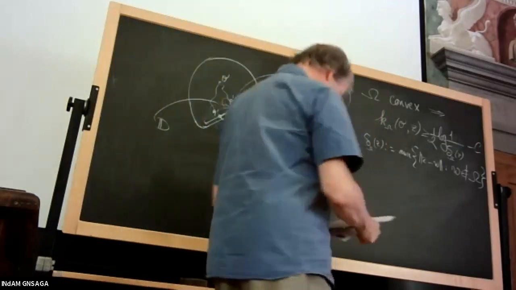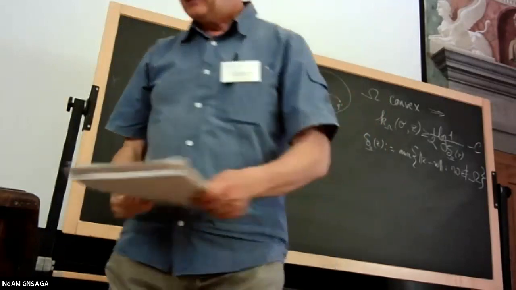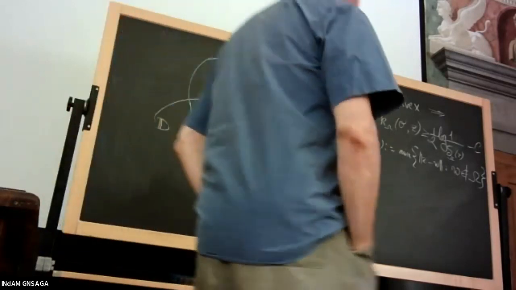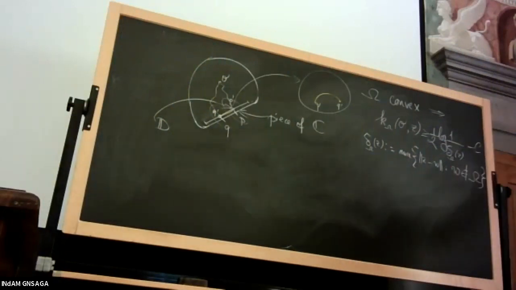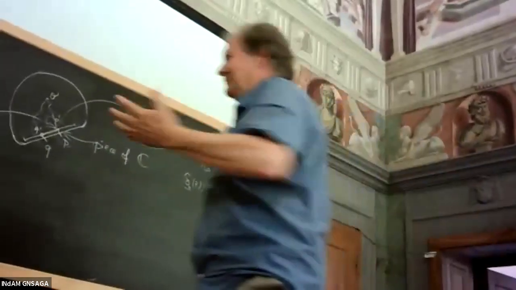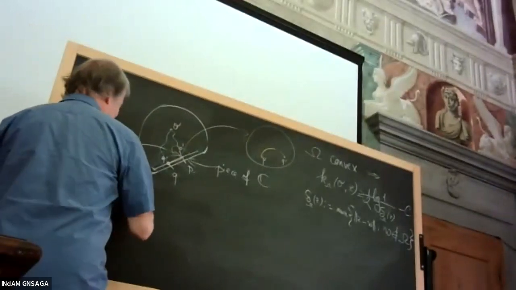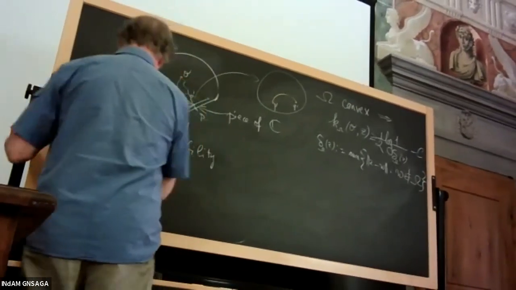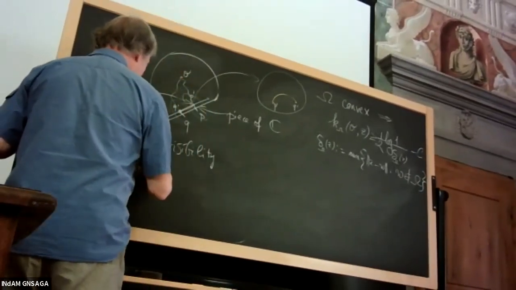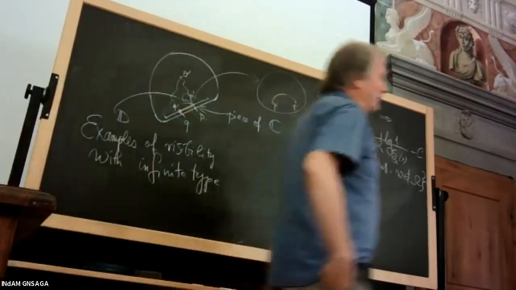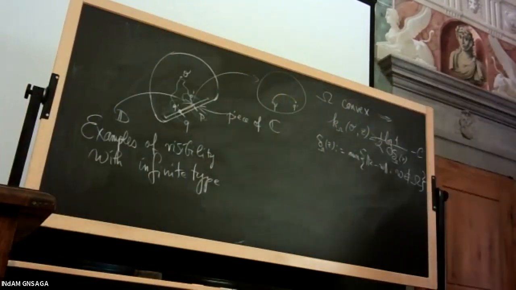So now the question comes: is it conceivable that this theorem could be equivalent to, so, examples of visibility with infinite type? You see that this finite type definition is a definition at a point.